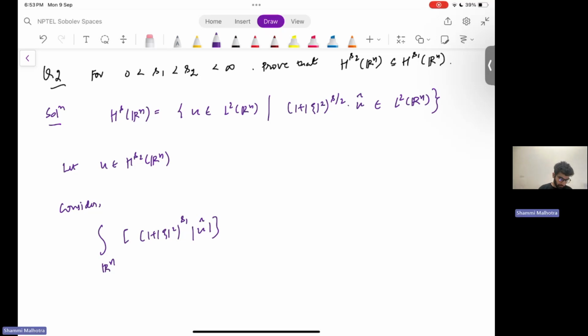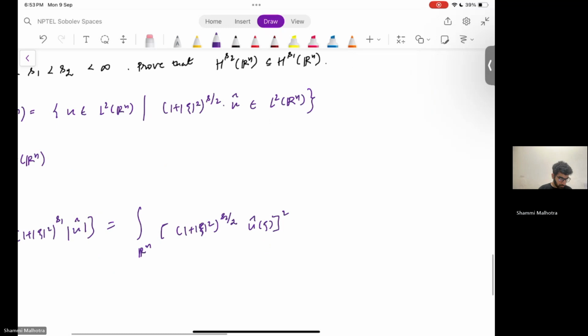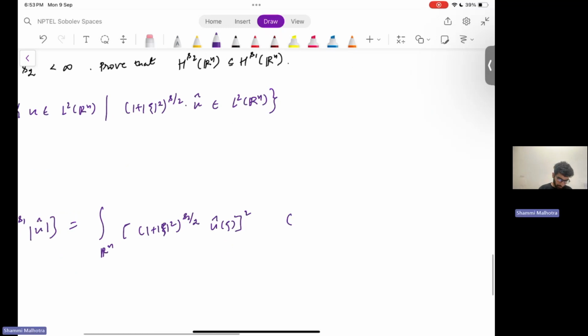This can be written as the integration over R^n of ((1 + |xi|^2)^(s2/2) |u hat(xi)|)^2 times (1 + |xi|^2)^((s1 - s2)/2) squared, d xi.